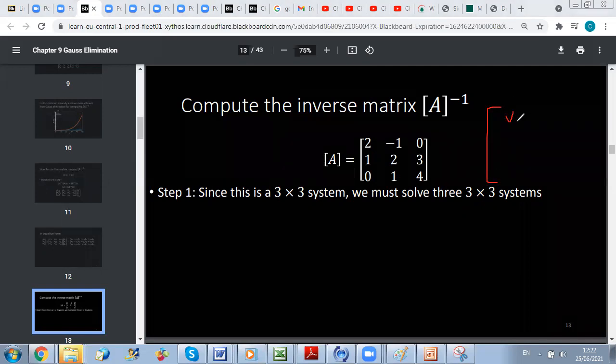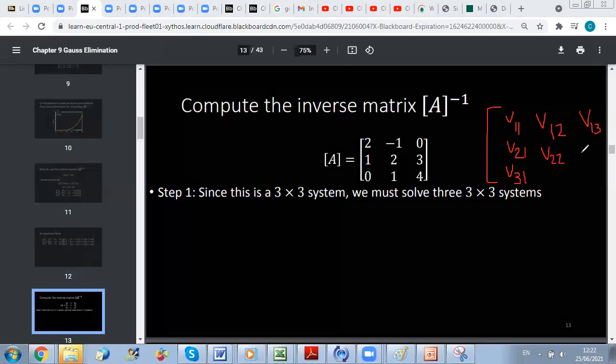I want to solve for V11, V21, V31, V12, V13, V22, V23, V32, V33. As we said, in order to simplify the analysis, in order to not get 9 equations and 9 unknowns, we should use the LU factorization.